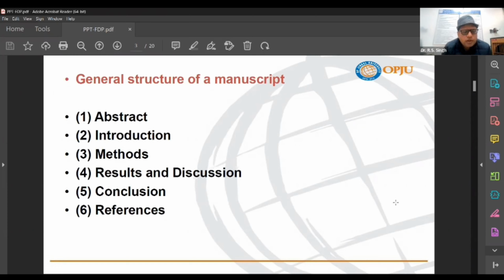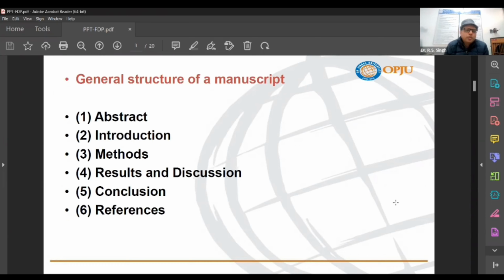So more than 90% of journals follow this format, but some 10% of journals also want results and discussions separately. And then finally, the conclusion: you have to summarize the main findings of your research in the manuscript. And references you need to put. The reference style varies from one journal to another, and you need to strictly follow the guidelines of the particular journal that you have chosen to submit to.